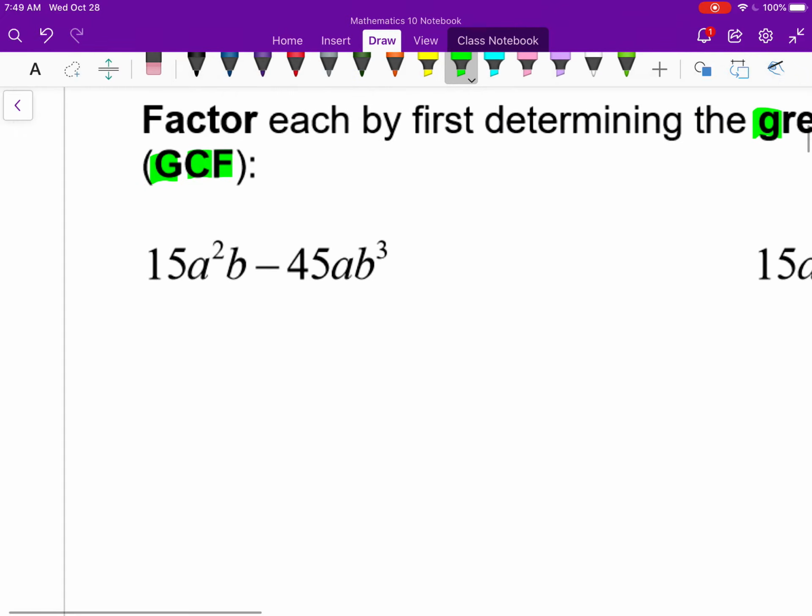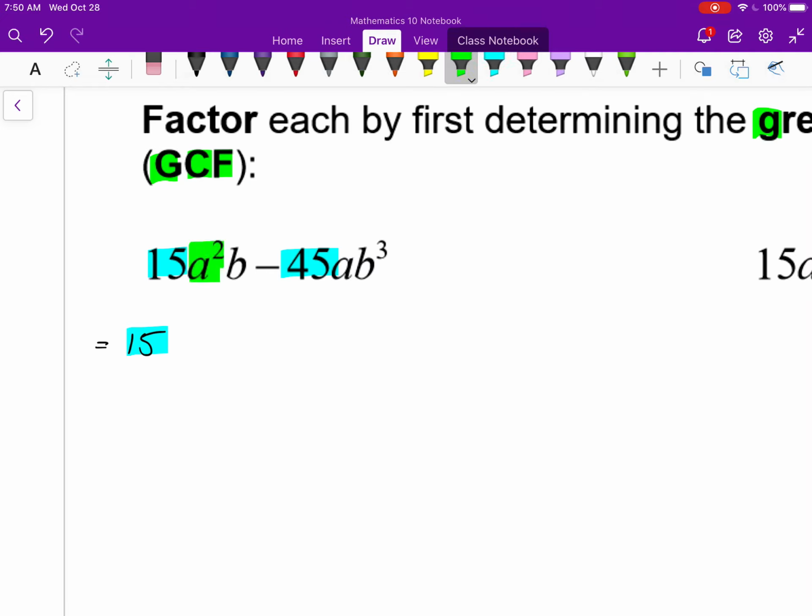For example here, the greatest common factor of these two terms starts with 15, because 15 is the largest number that can be divided out of both 15 and 45. 5 is a factor of 15 and 45, but it's not the greatest factor of those two. So 15.